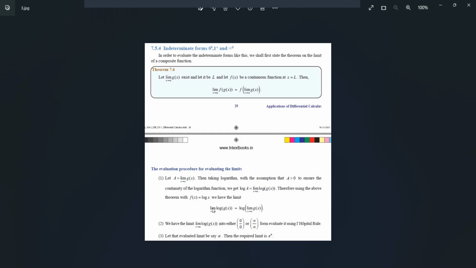This way we're interchanging the limit and the logarithm functions. Now we have the limit x tends to a, log g of x in either 0 by 0 or infinity by infinity form, which we evaluate using the L'Hopital's rule we discussed in the previous section. Once the limit is evaluated, then the solution is e to the power of alpha.